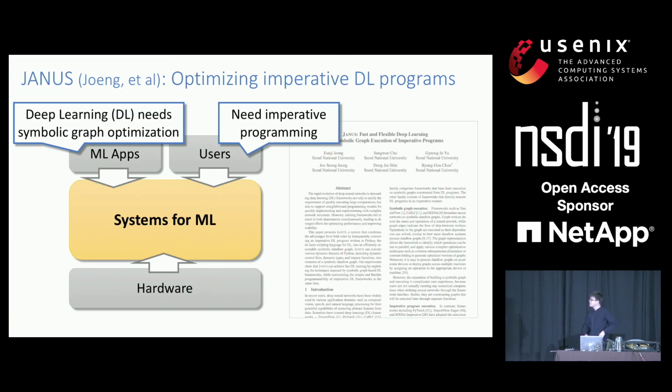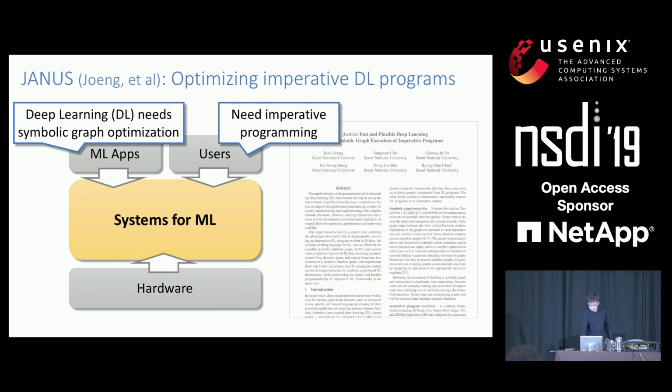In short, there's a gap between performance optimization, which requires writing programs in symbolic graphs, and user friendliness, which requires writing programs with imperative APIs.